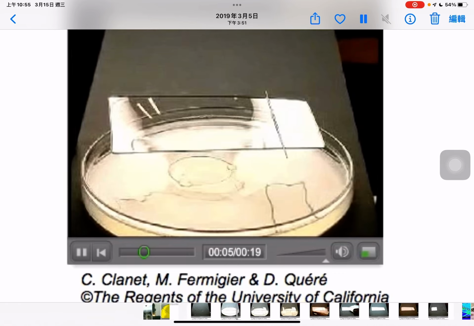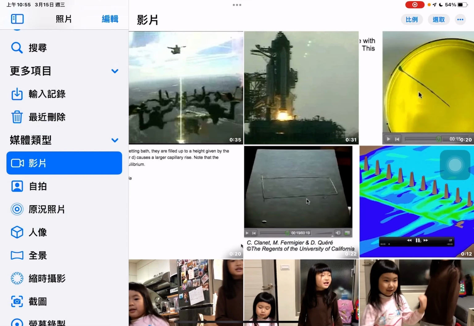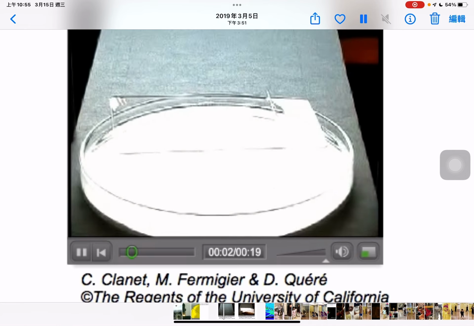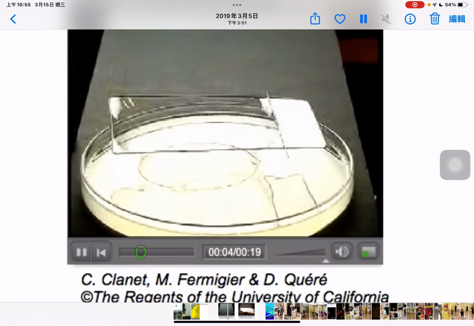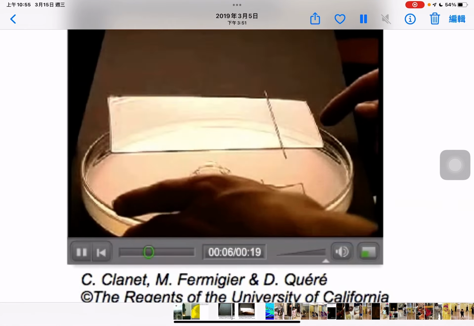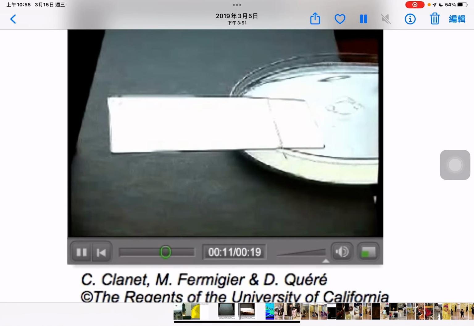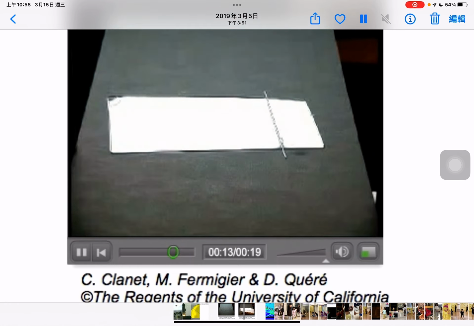So that's how we can see this phenomenon. Because there is a force balance between the weight of the needle and the surface tension supporting upward, the needle can float on the water surface.